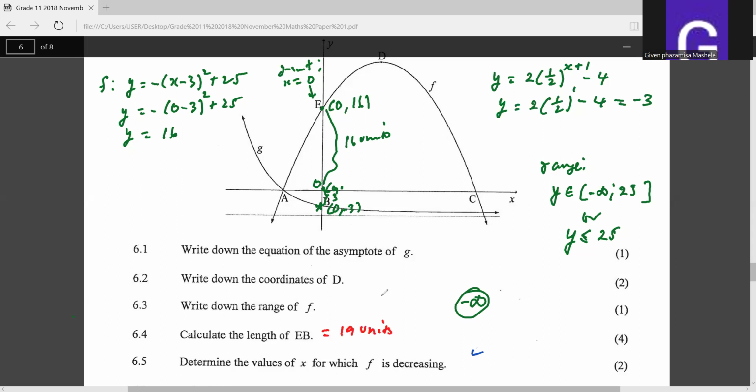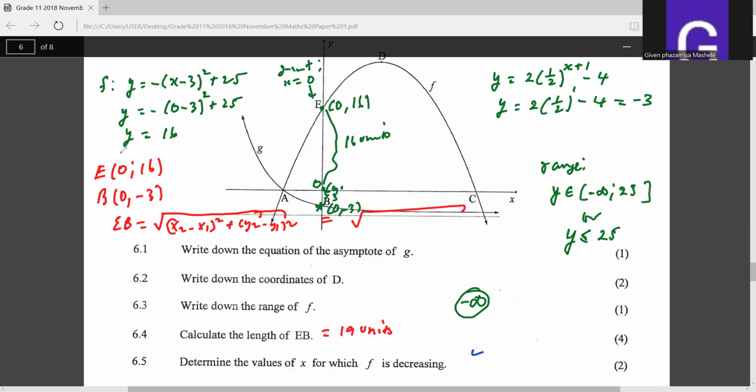Another way would be to use the distance formula, because the coordinate of E is (0, 16) and the coordinate of B is (0, -3). So EB is the root of the distance formula: x2 minus x1 squared plus y2 minus y1 squared, to still give us the same answer.